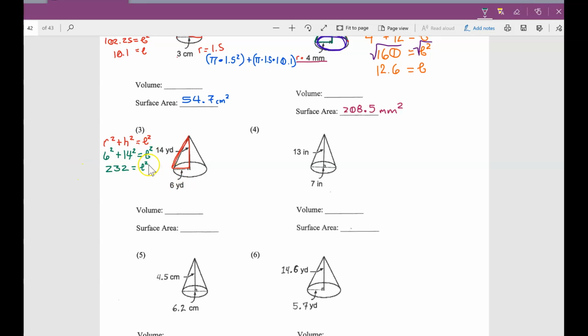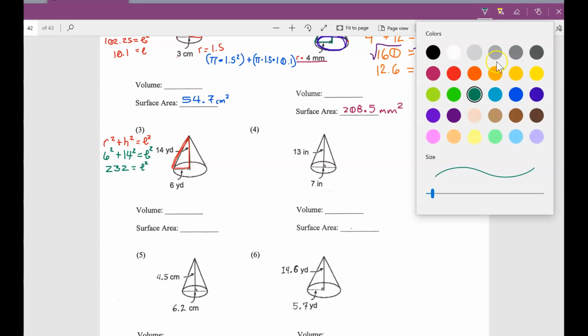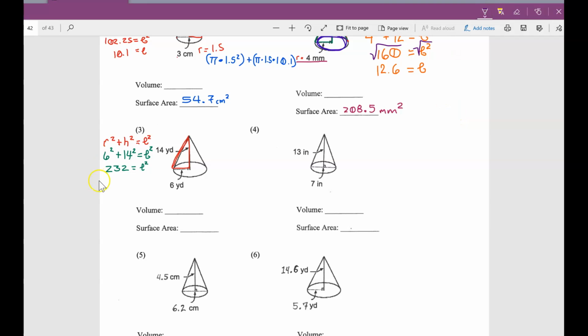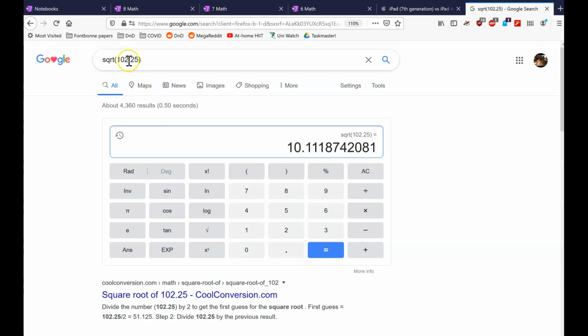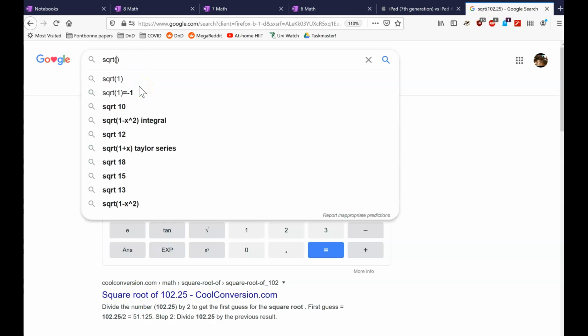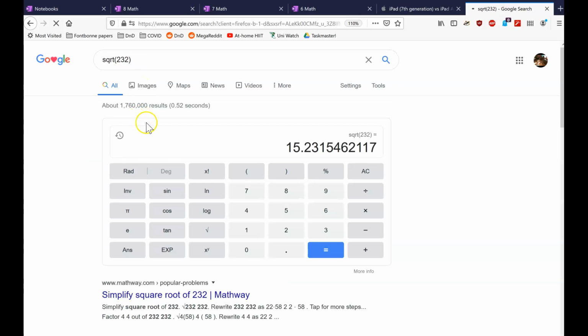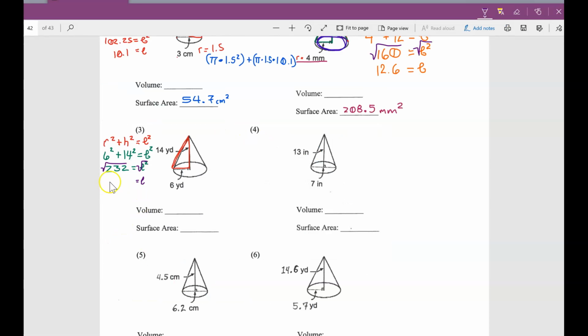So to get rid of the exponent here, we need to find the square root of both sides. So the square root of 232 and the square root of L squared. So we just get slant. What is the square root of 232? Let's put that in our parentheses on Google. 15.2. So we're going to say that our slant is 15.2.